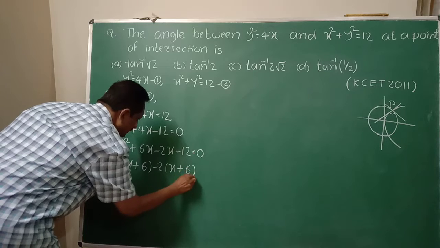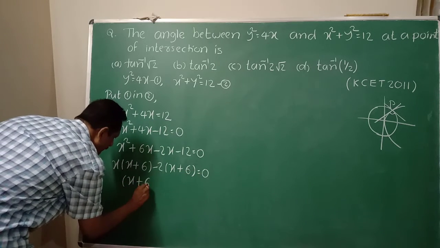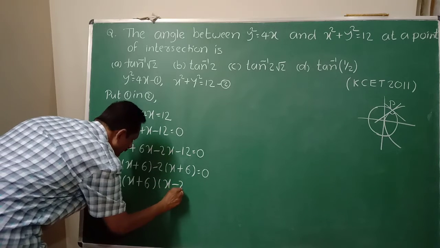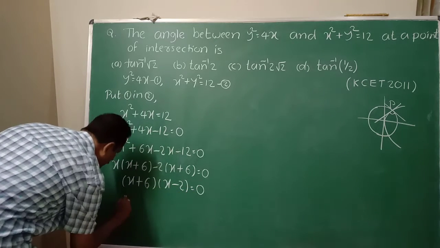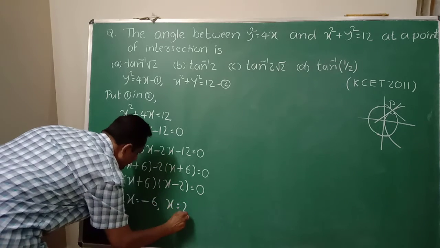Hence x plus 6 into x minus 2 is equal to 0. So x is equal to minus 6 and x is equal to 2.